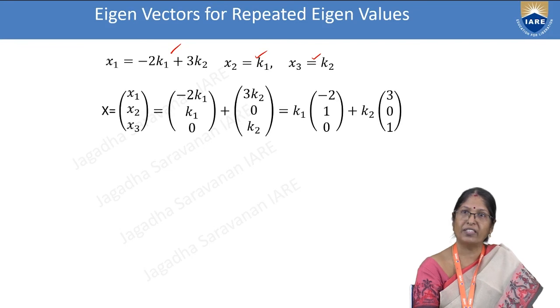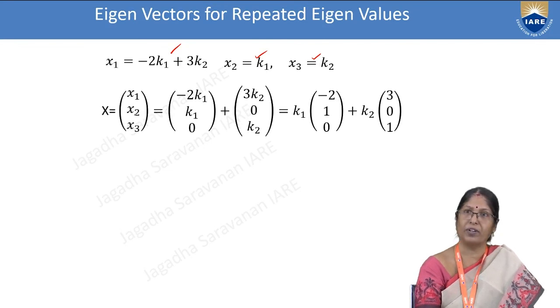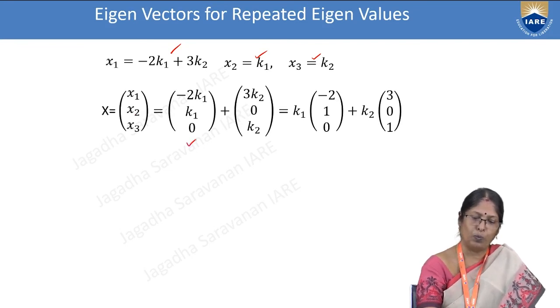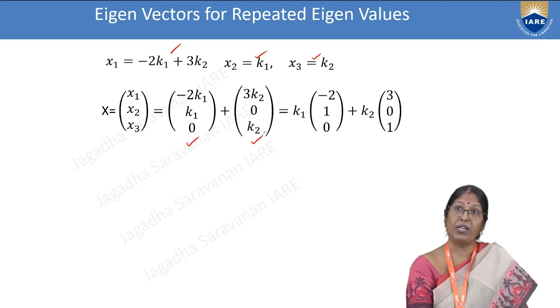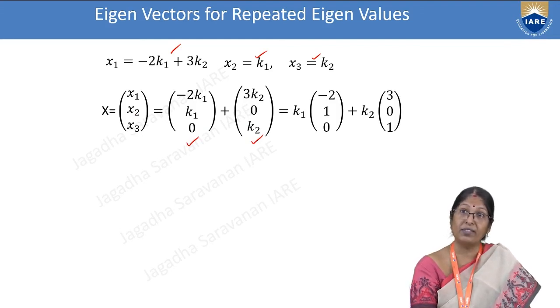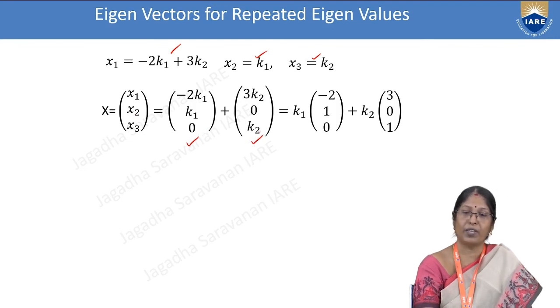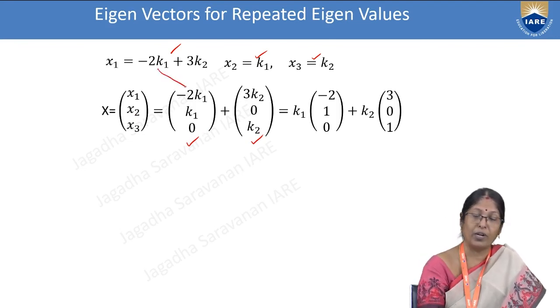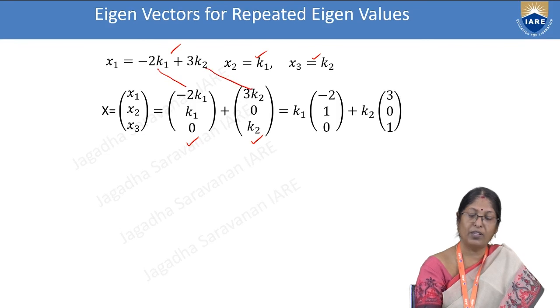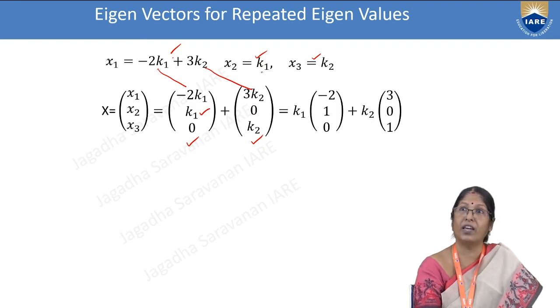Now, capital X equal to x1, x2, x3. Two eigenvectors, because our eigenvalue minus 3 is repeated. The first one is for k1, second one is for k2. So, minus 2k1, this is 3k2, both adding, we got this one. Next, x2 is k1. Here, why have we taken 0? k1 plus 0 only, we will get k1.